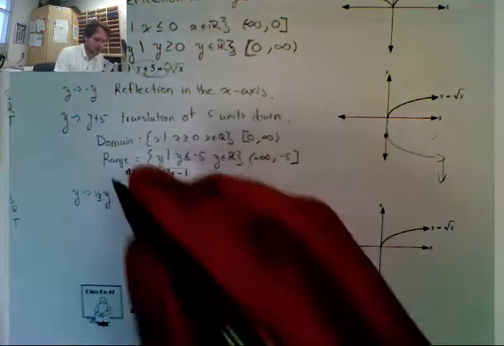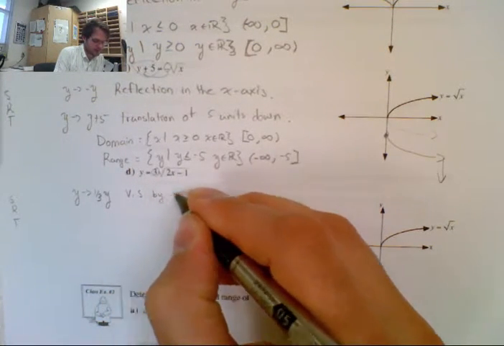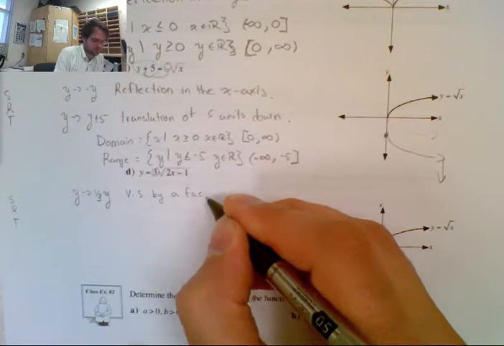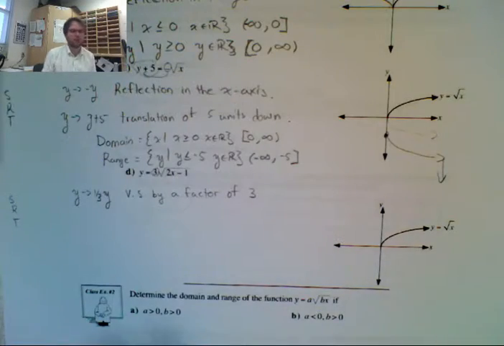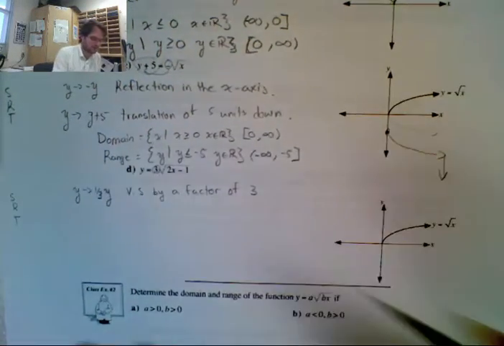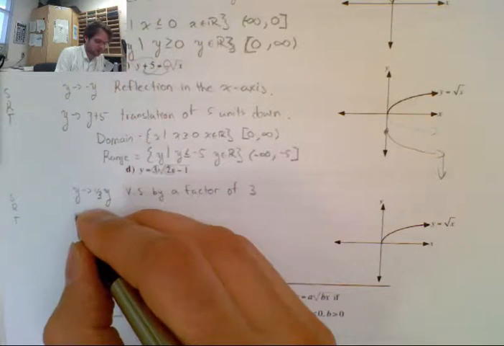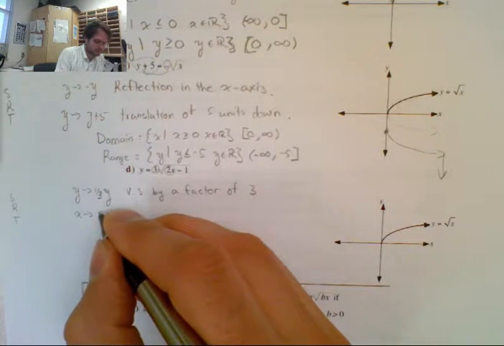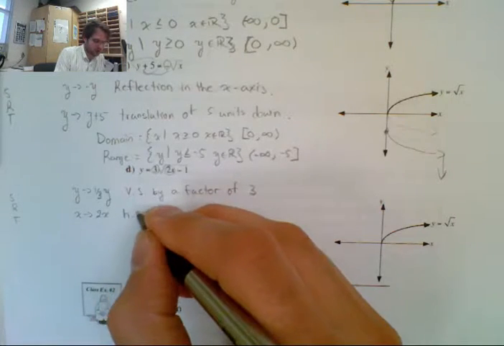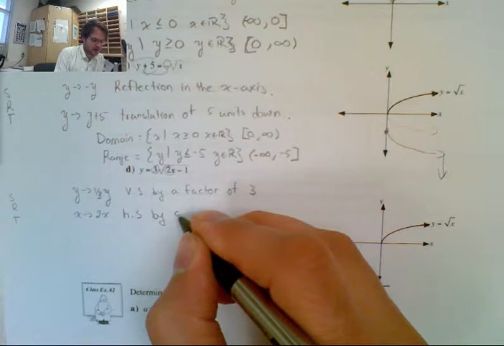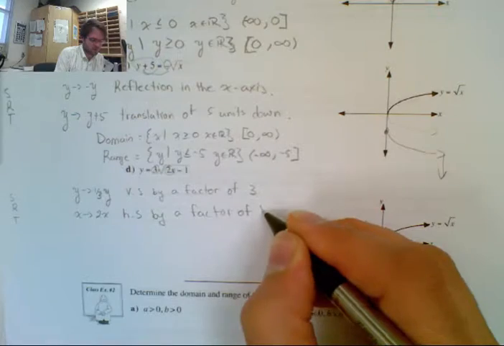So that means I have a vertical stretch by a factor of 3 about the x-axis. Now we have x got replaced with 2x. This means I have a horizontal stretch by a factor of 1/2.